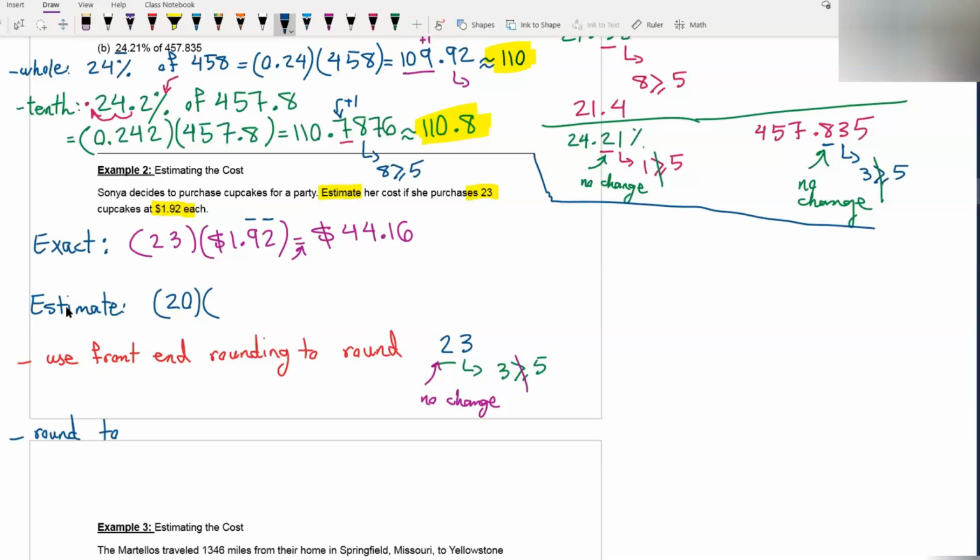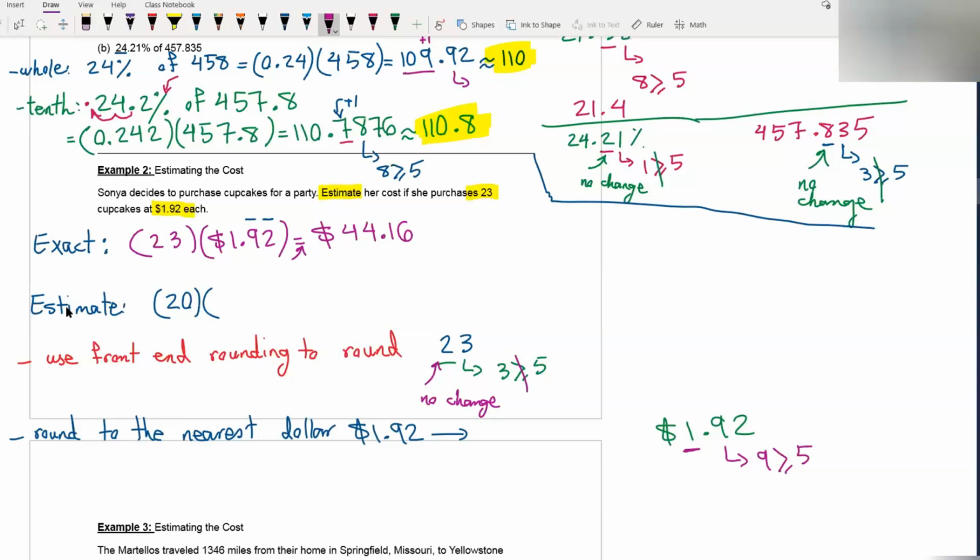So round to. So we have 1.92, which is $1.92. Rounding to the nearest dollar is this one. This part is dollar. Looking to the right of that one, this is 9. Again, ask if 9 is greater than or equal to 5.